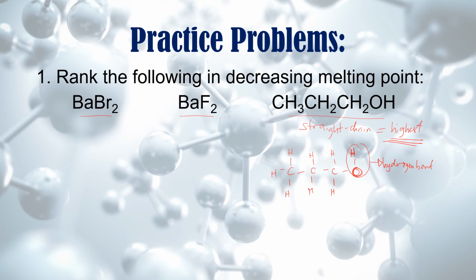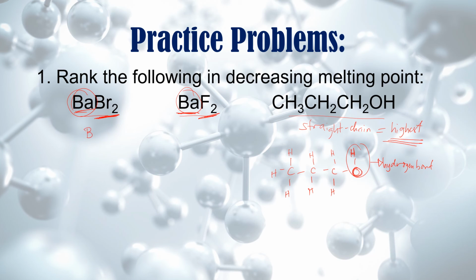Now on these two, the BaBr2 and BaF2, if you are comparing two molecules with the same atom paired within them, then you just have to simply look at the number of electrons of the other pair.